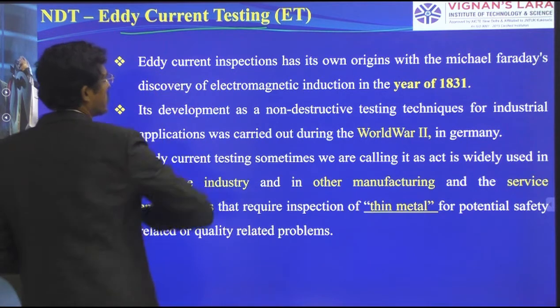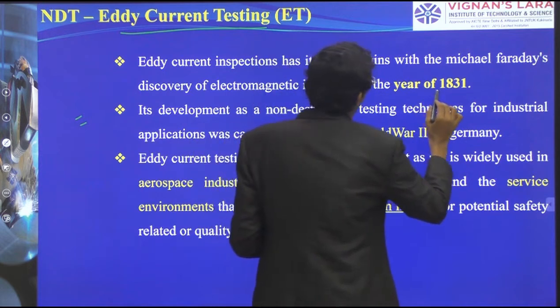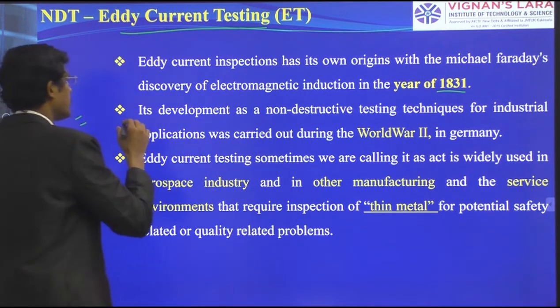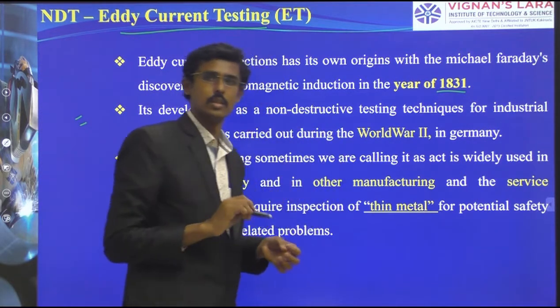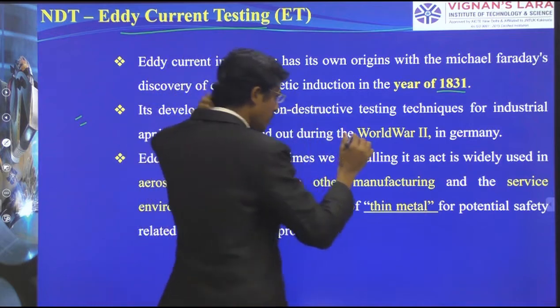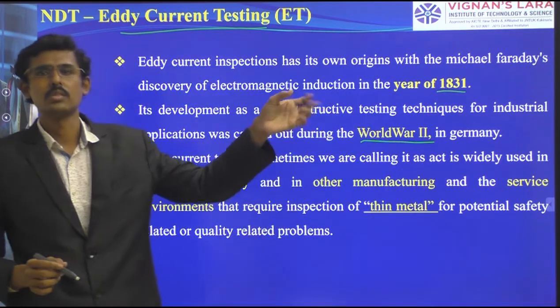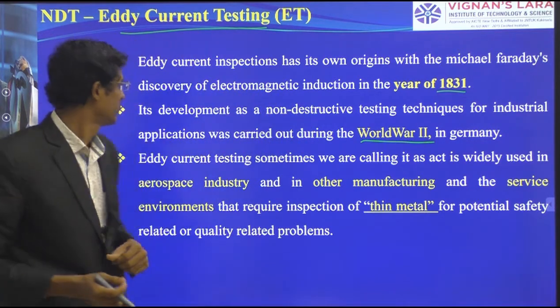Eddy current inspection has its origin nearly in the year 1831, and its development as a non-destructive testing technique came in the recent past, from World War II onwards. They have been using eddy current methods for a long time.